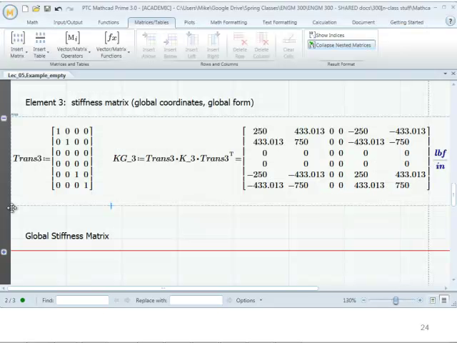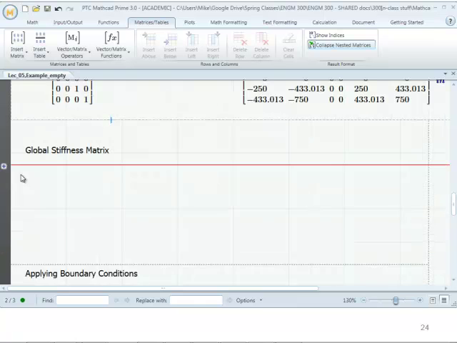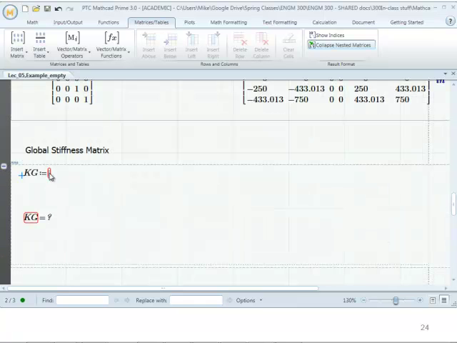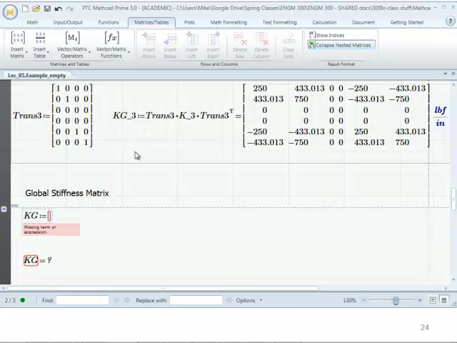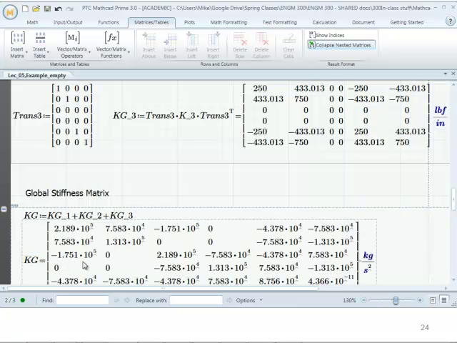It won't be nearly as cool and colorful in our case because we're just going to open this up. For our overall stiffness, we're going to take the kg matrices that we just created: kg_1 plus kg_2 plus kg_3. Don't hit equals on that one because it'll go off the page, which is kind of too late because the other ones did.